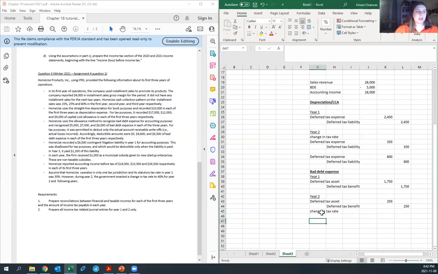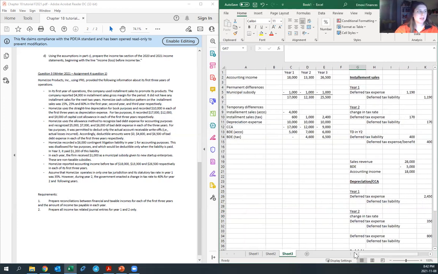And then in year two, we want to see what's the impact of the temporary difference. Oh, sorry. Here it's supposed to be minus 4,600, minus 6,500, because it's the actual amount that we're deducting from our taxable income. So for year two, it creates a temporary difference of 2,400 positive.